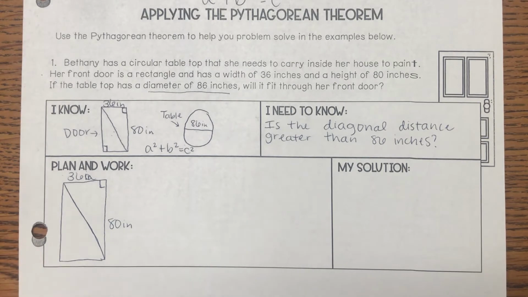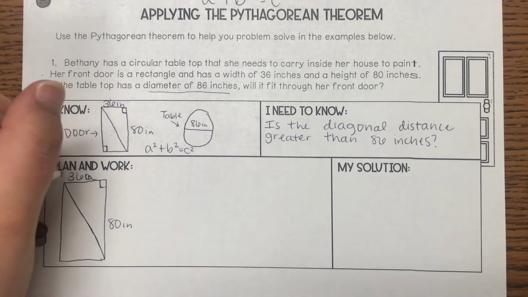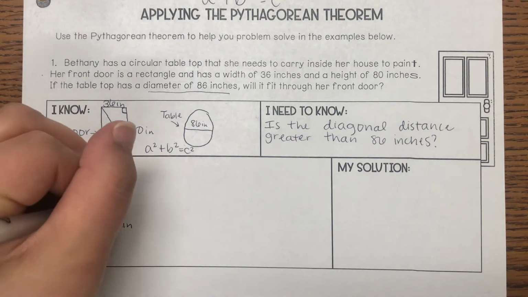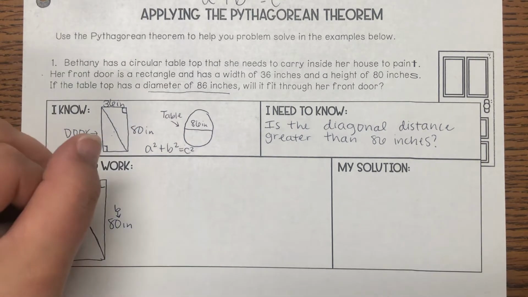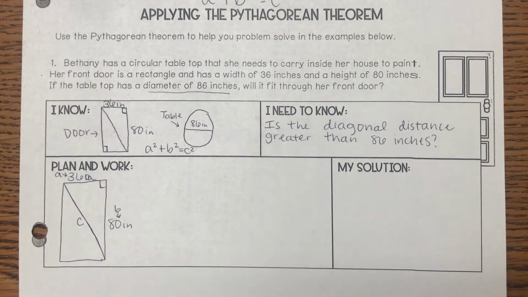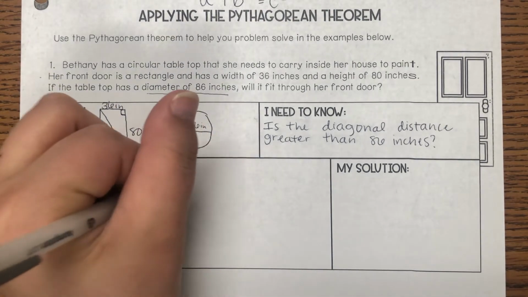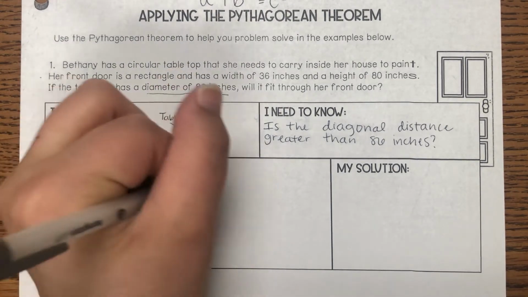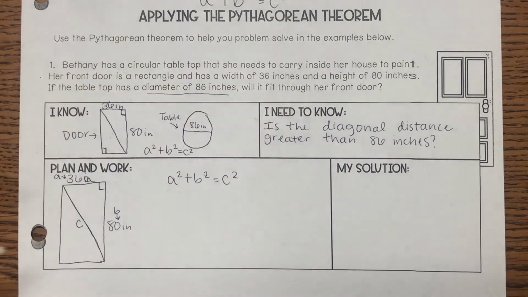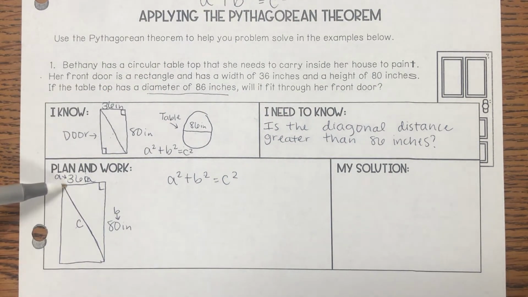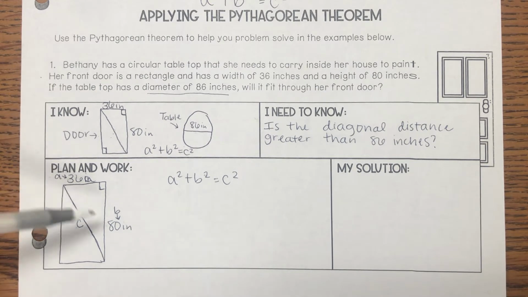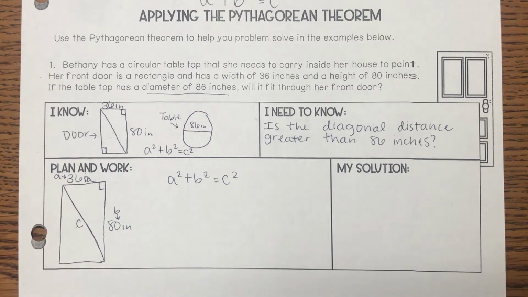I'm going to label my parts. So I'm going to say a is 36, b is 80, and I'm looking for my c value right here. So now I just use a squared plus b squared equals c squared to solve for c. Now I'm going to substitute my values for a and b into my problem.